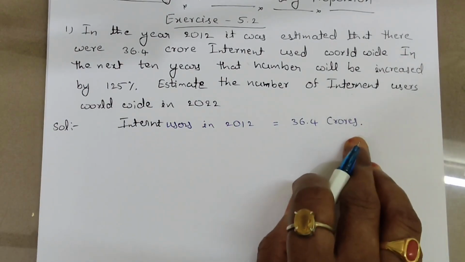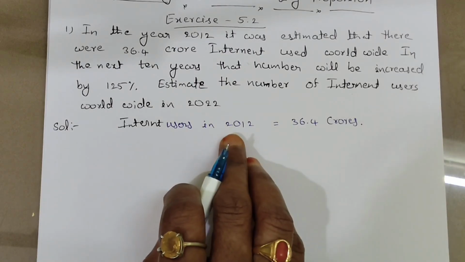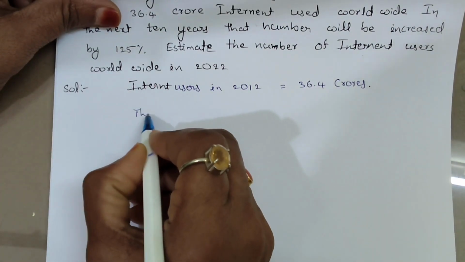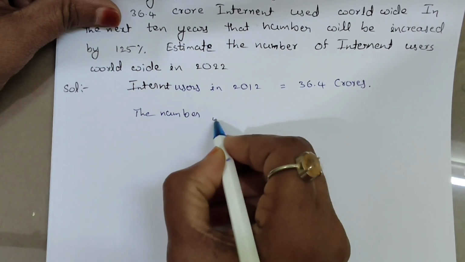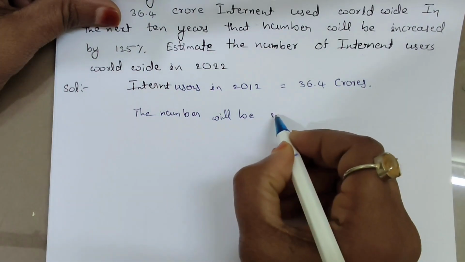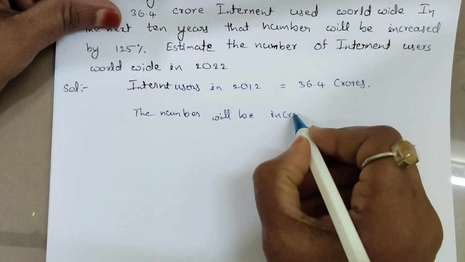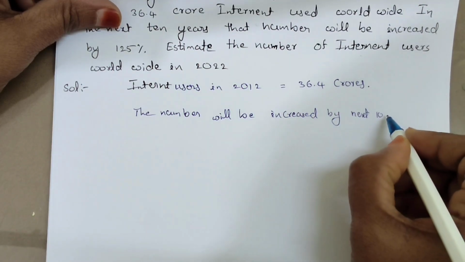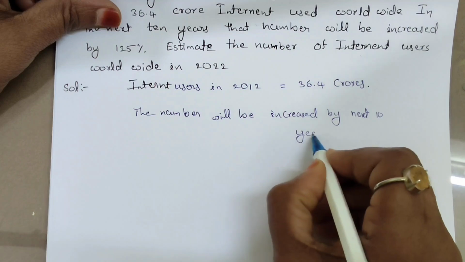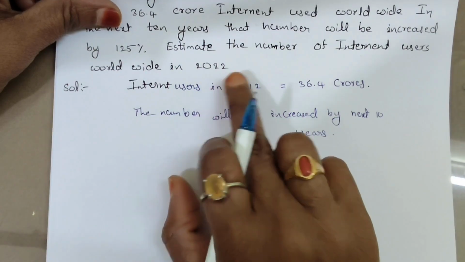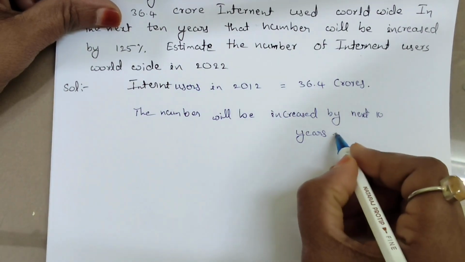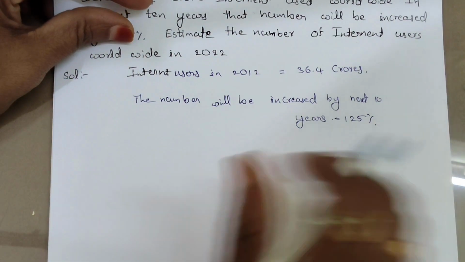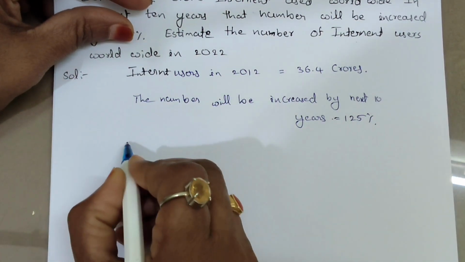After the next 10 years, the number will be increased by 125%. Next 10 years means 2022. So we find the total number of internet users in 2022.